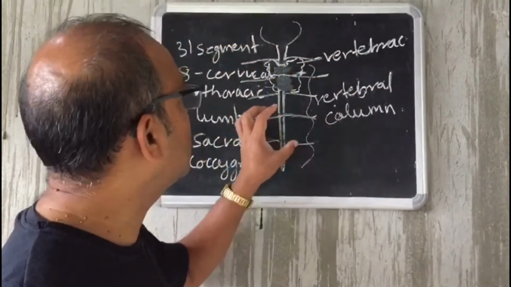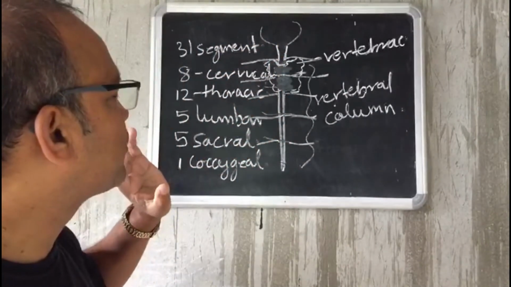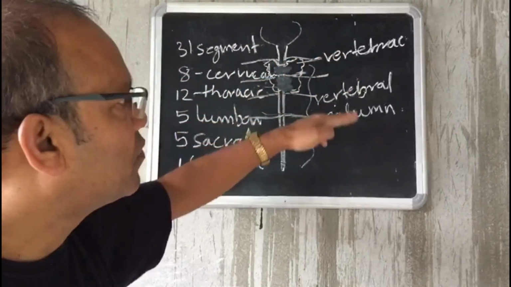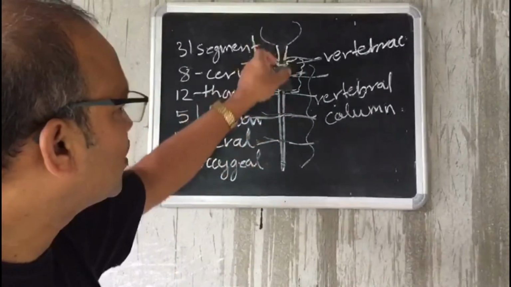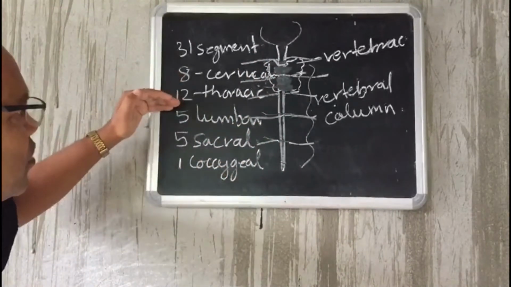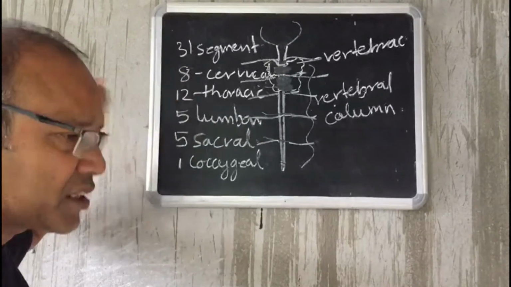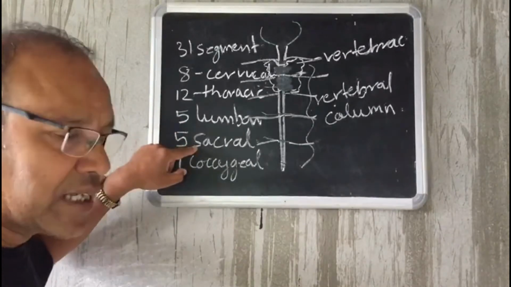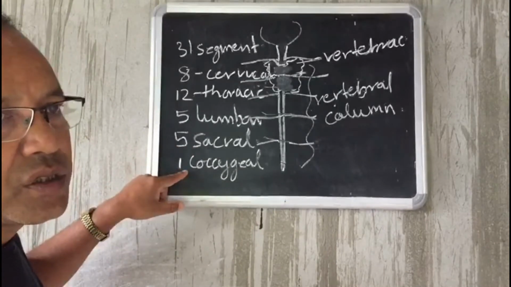This is basically about the position and the protection of the spinal cord. You need to remember it is protected by the bony covering called the vertebral column, inside which there is a canal called the neural canal through which the spinal cord passes, and it is divided into these segments: 8 cervical, 12 thoracic, 5 lumbar, 5 sacral, only 1 coccygeal.